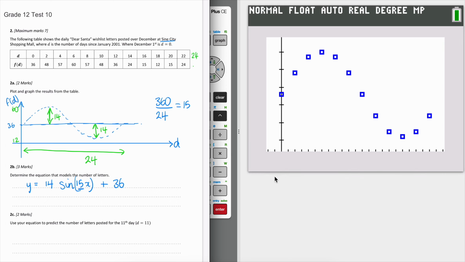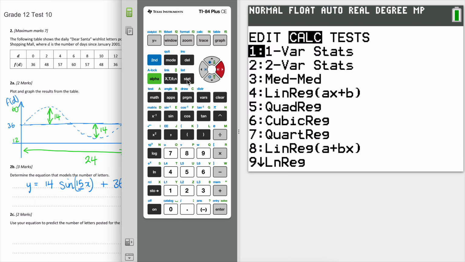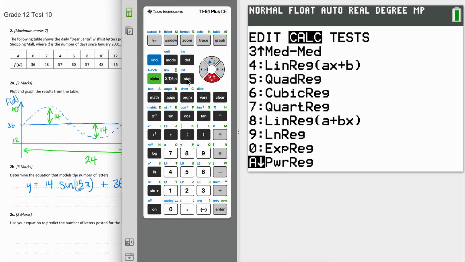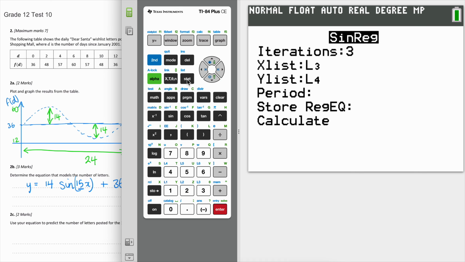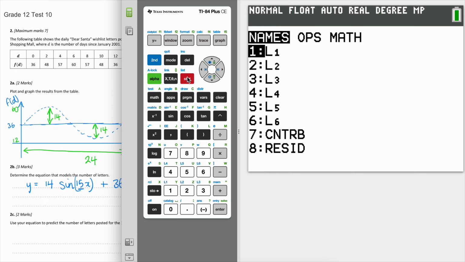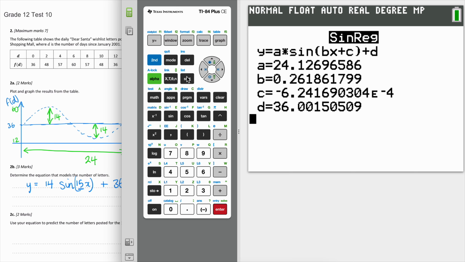Based on that, we can also double check our answer on the calculator. We can go to statistics, calculations, and have a look down here for a trig regression line, so sine regression. The lists here are in list 1 and list 2. Yours may already say that.